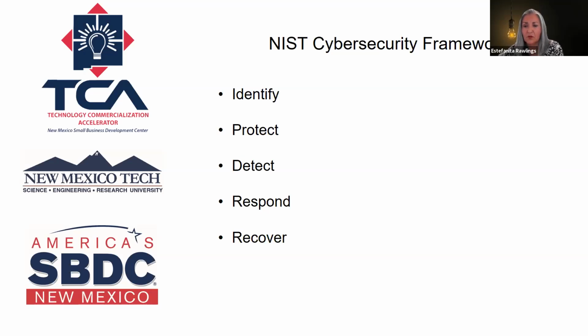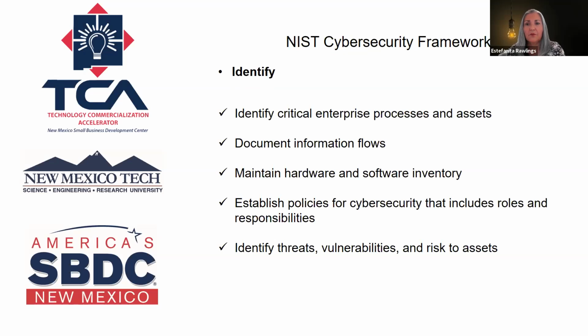I will go through those. So you have your identify. Identify critical enterprise processes and assets. Develop an organizational understanding to manage cybersecurity risk to systems, assets, data, and capabilities.